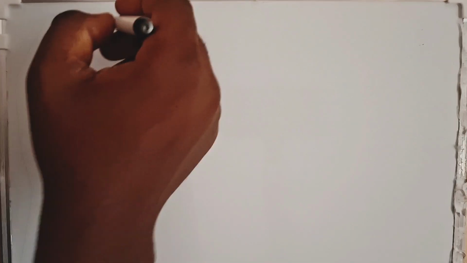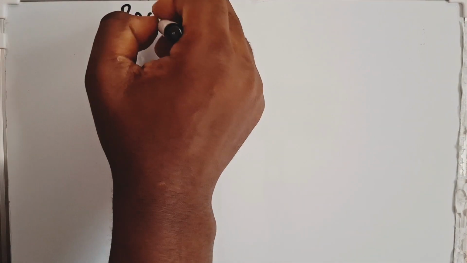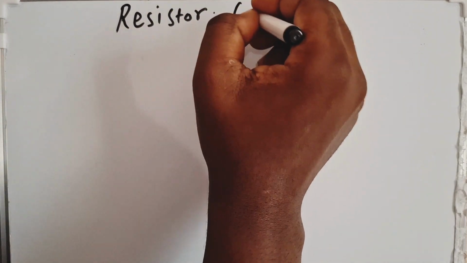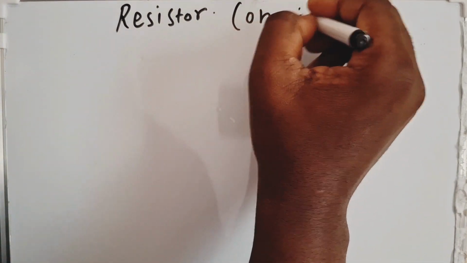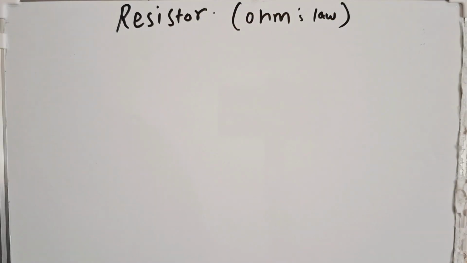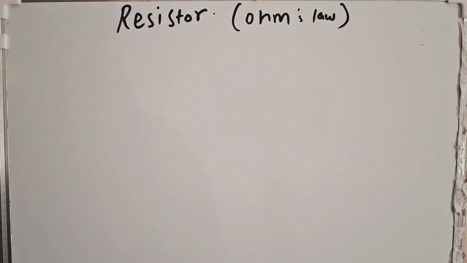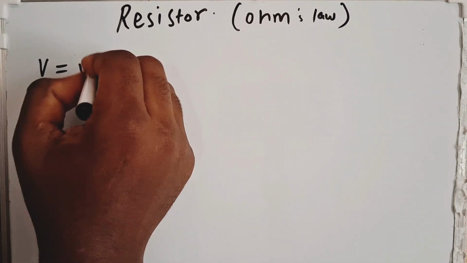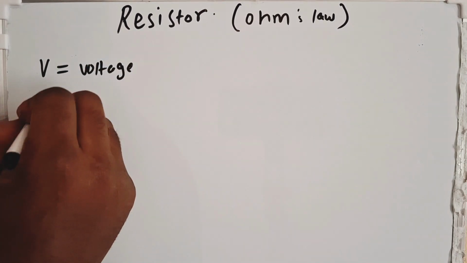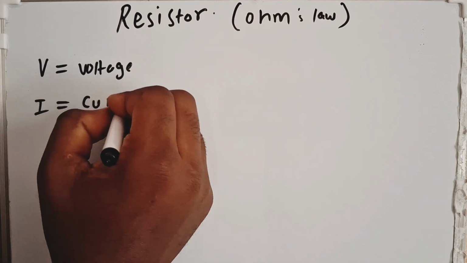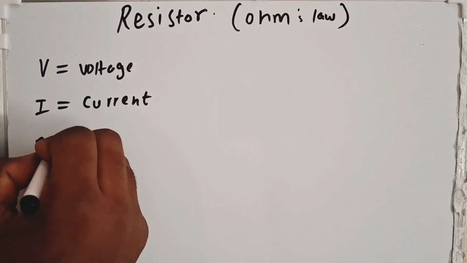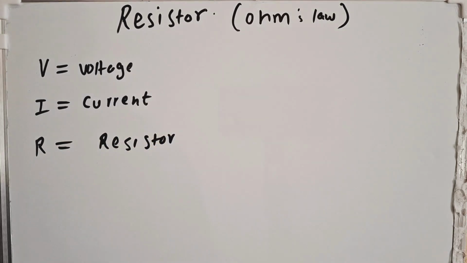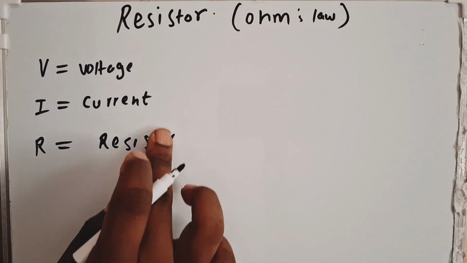So if we have to talk about resistors, you need to understand, let's say, Ohm's law, because we are defining the relationship between the voltage, current and resistor, or we can say resistance.